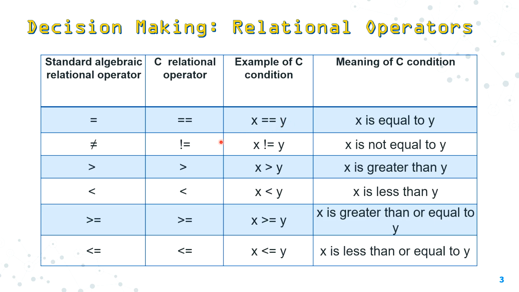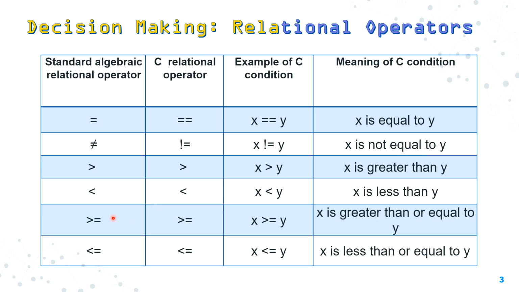The other special one is not equal to. In C, we write this with an exclamation mark followed by an equal sign. So x, exclamation equal sign, y means x is not equal to y.